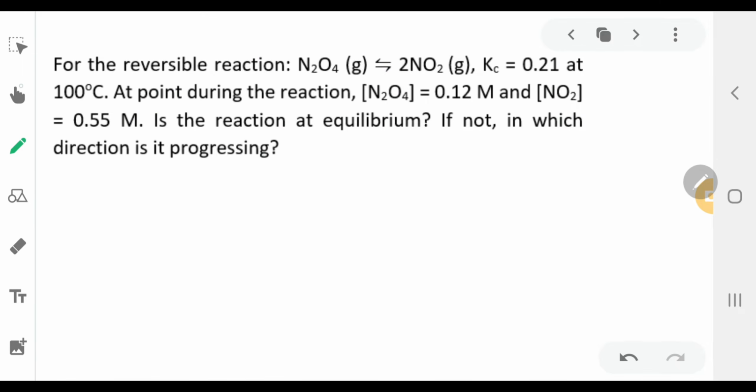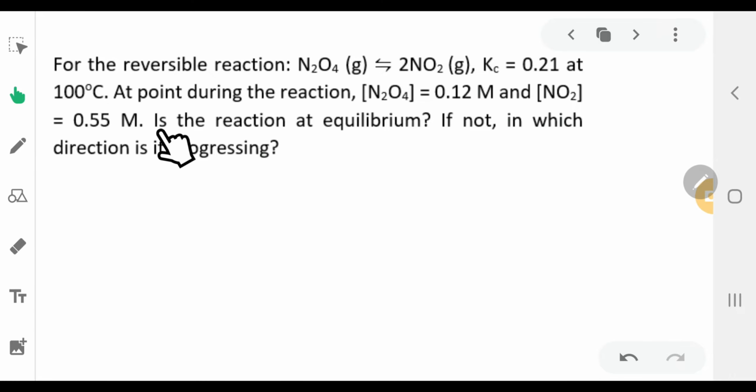Now let's try a few examples. So when you read the question and you try to find out what the question wants, it is obvious that the question wants you to find the value of Q and compare it with the Kc value of this reaction on top.